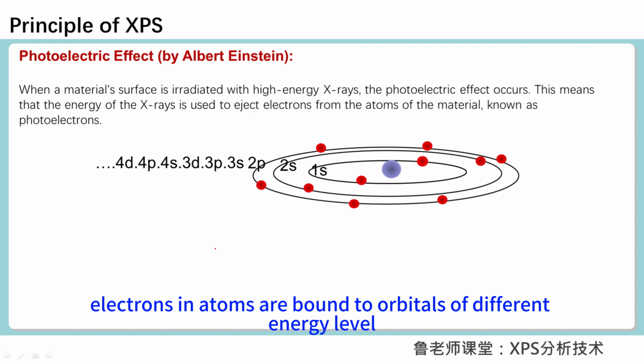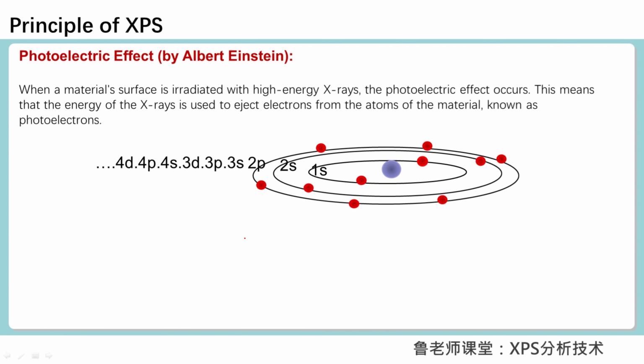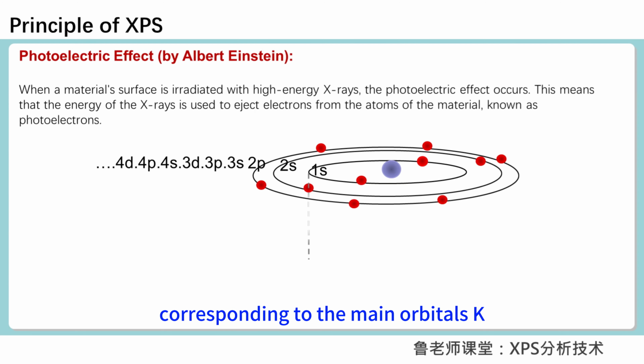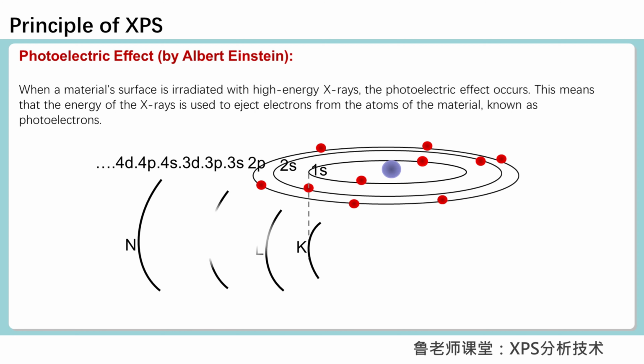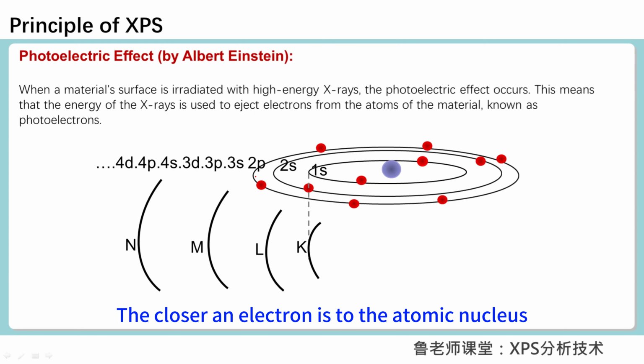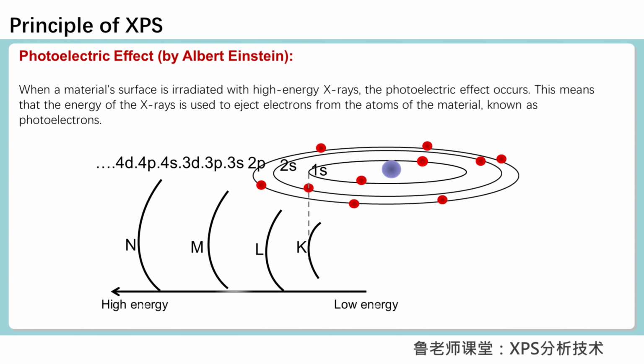Typically, electrons in atoms are bound to orbitals of different energy levels, denoted 1, 2, 3, 4, corresponding to the main orbitals K, L, M, N. The closer an electron is to the nucleus, the lower its energy level, and the further it is from the nucleus, the higher its energy level.